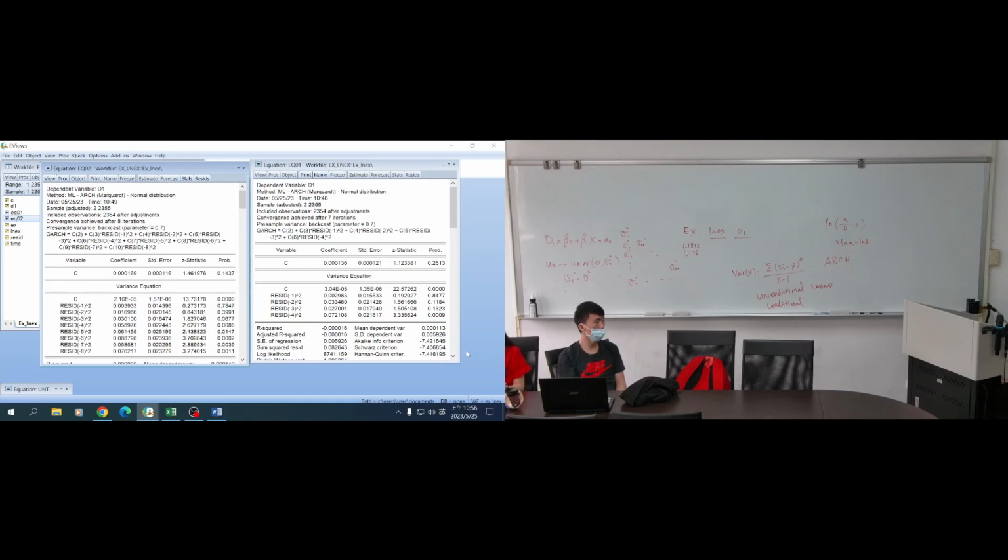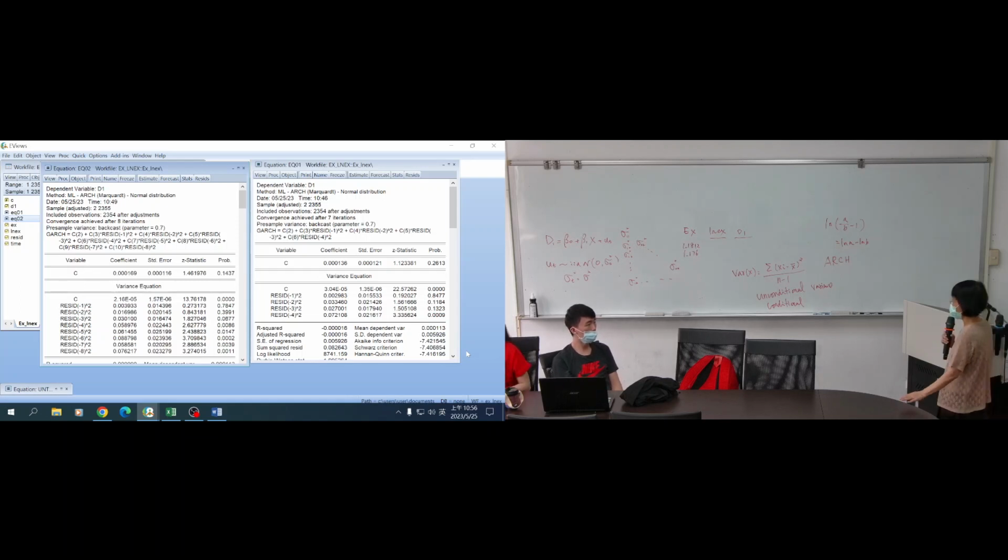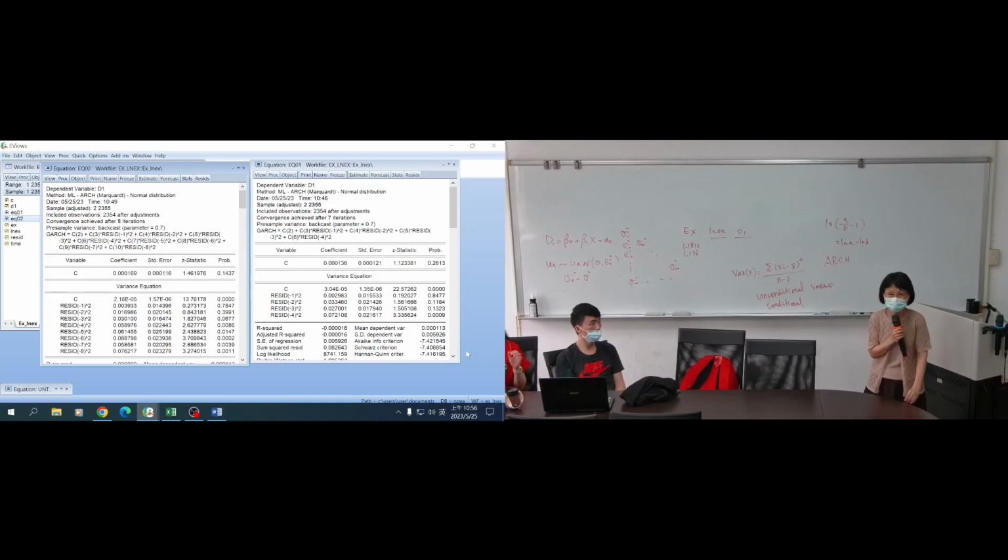And for the variance equations, I just consider how many lags I need of past information to forecast or to understand the behavior of the rate of return. And this tells me that I can use up to the 8th order.